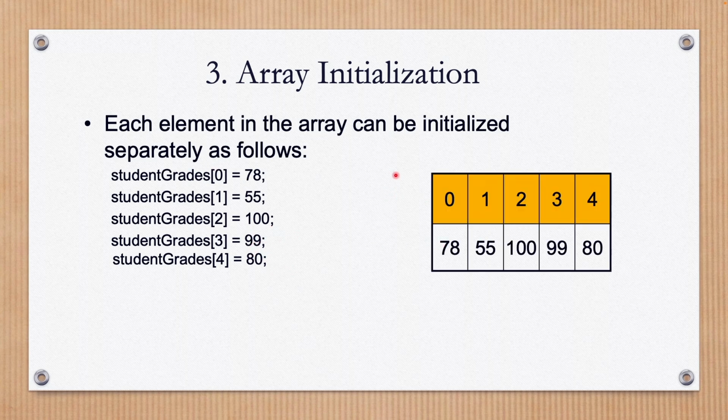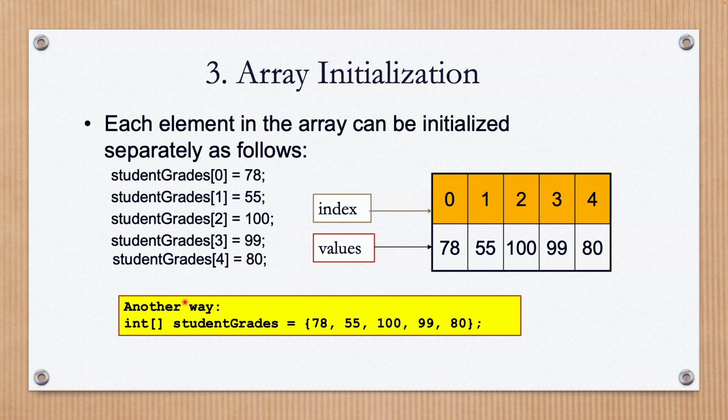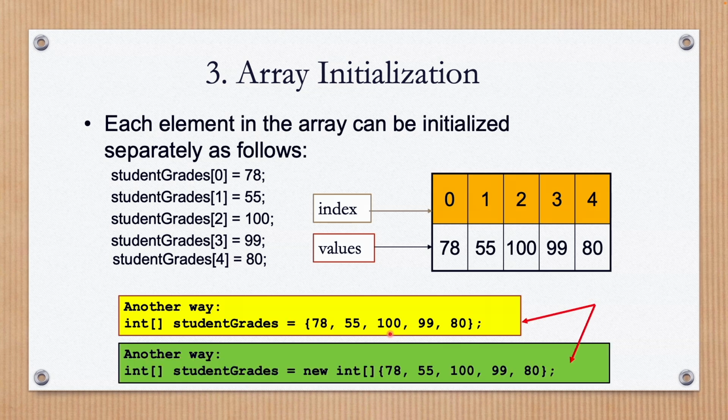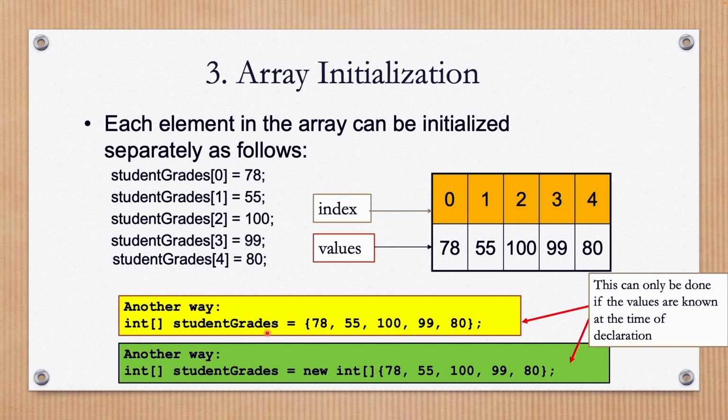So once these values are assigned to each element, this memory space will be filled with the values. Here's another way of declaring and initializing the values. Once again, this can only be done if you actually know the values of the array at the time of declaration.